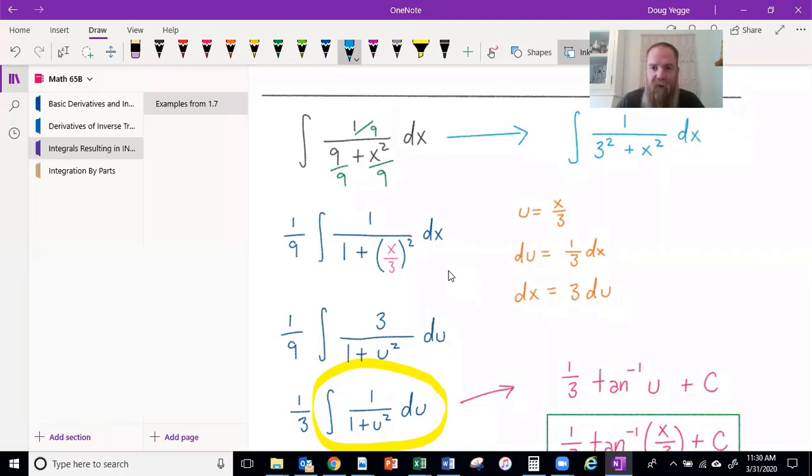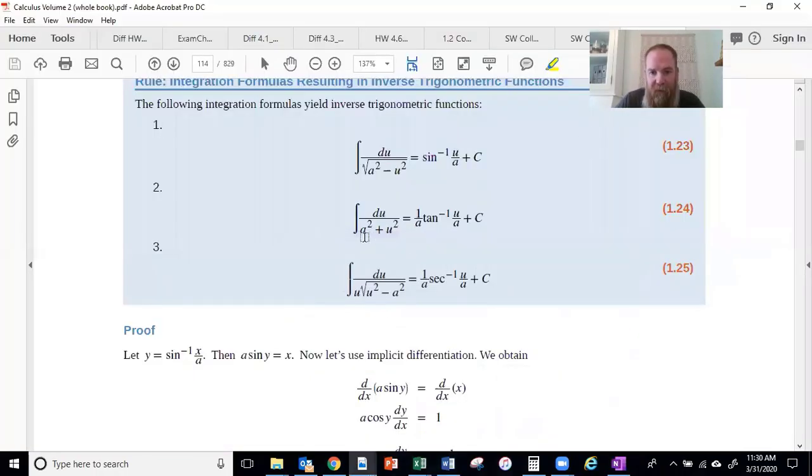Again, force it to look like a quantity squared plus a quantity squared. Let's go back to our formula. If I could rewrite the integral as a denominator with something squared plus something squared, doesn't it look like I'm still going to get tan inverse of u over a with an extra coefficient in front of 1 over the constant?